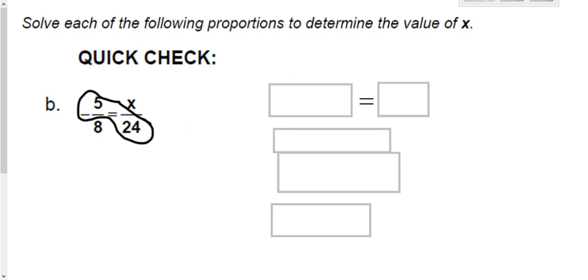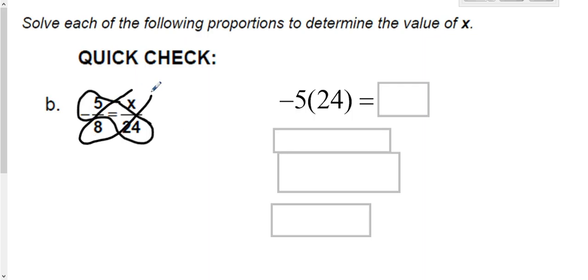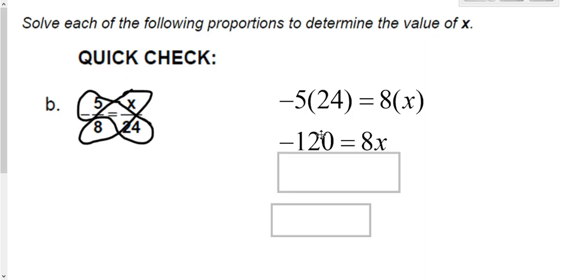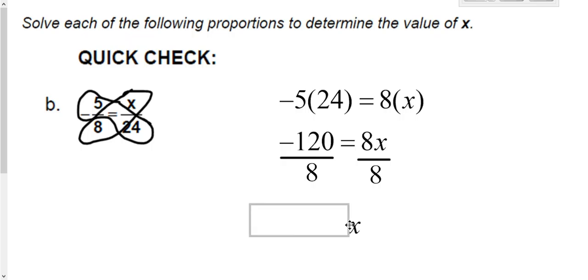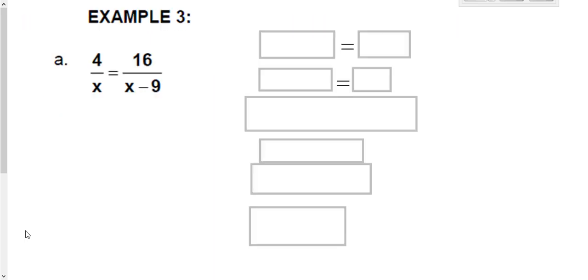Negative 5 times 24 should equal the other cross product, which is 8 times x. So we multiply this out. We get negative 120 equals 8x. Then it's time to divide, since that's multiplication there. Divide by 8 and we get x equals negative 15. Okay, let me know if you have any questions.